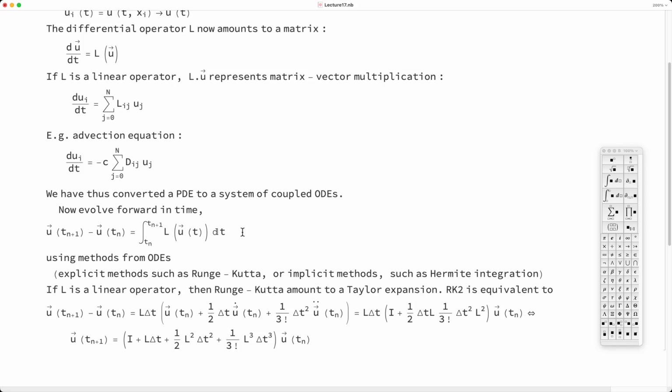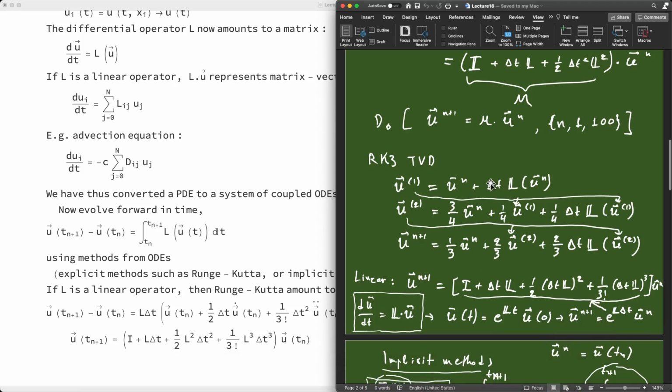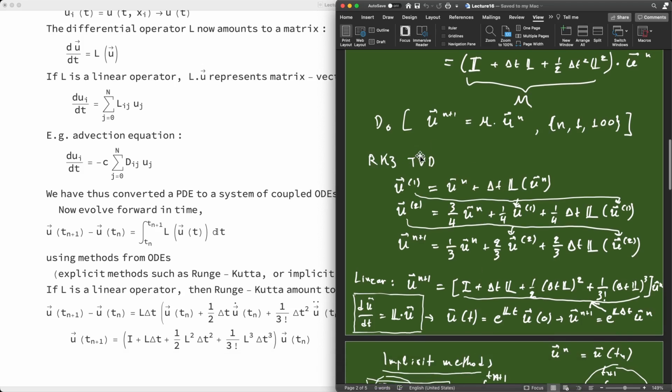And in the last lecture, we discussed total variation diminishing Runge-Kutta methods, and we demonstrated that for linear equations this is equivalent to a Taylor expansion, so we can go from u_n to u_n plus 1 by multiplying with this matrix, which amounts to a Taylor expansion of the exponential e to the L delta t.